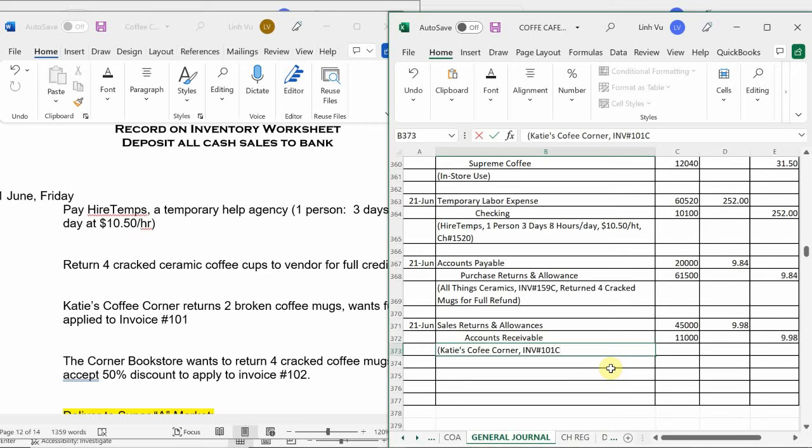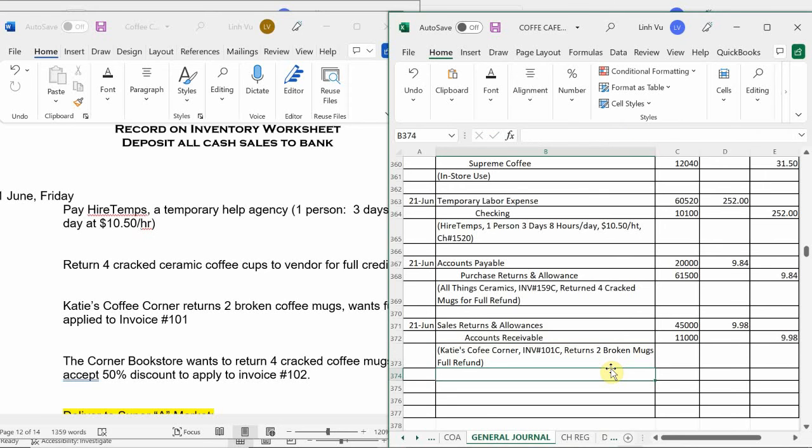And of course, any other details would be: she returns 2 broken mugs for a full refund.